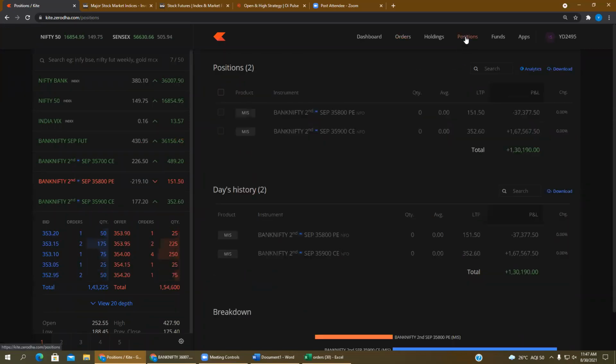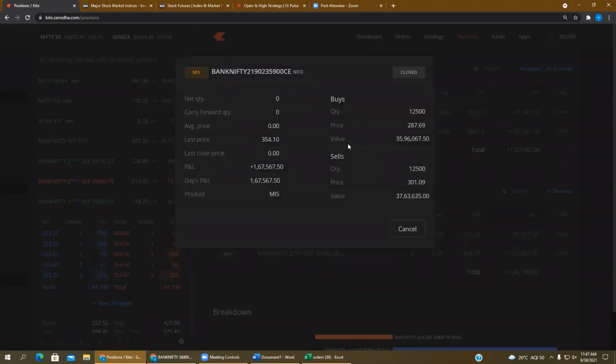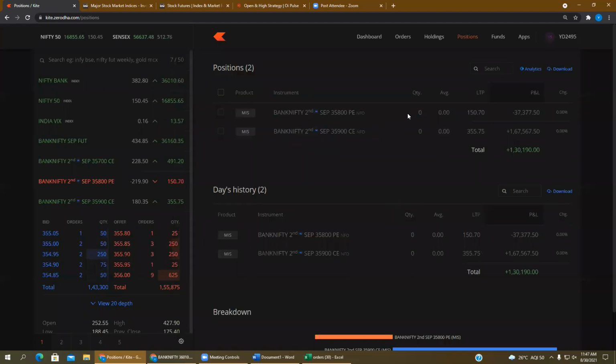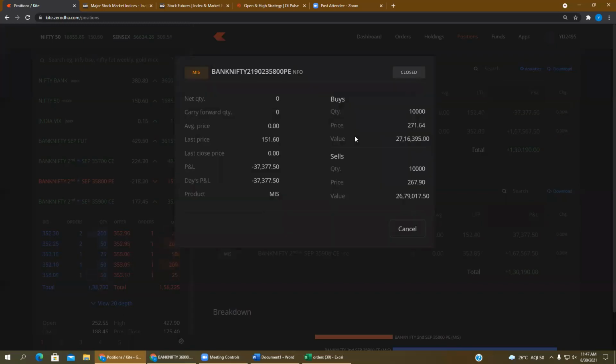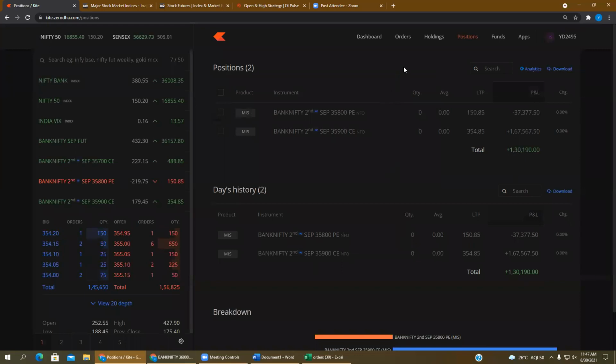So we don't need to worry about the turnover, but the turnover can give us an approximate calculation of how much the charges are going to be. For example, today this is 37 lakhs, 35 lakhs, and this is 70 lakhs and 50 lakhs. So my total turnover for today is 1 crore 20 lakhs.